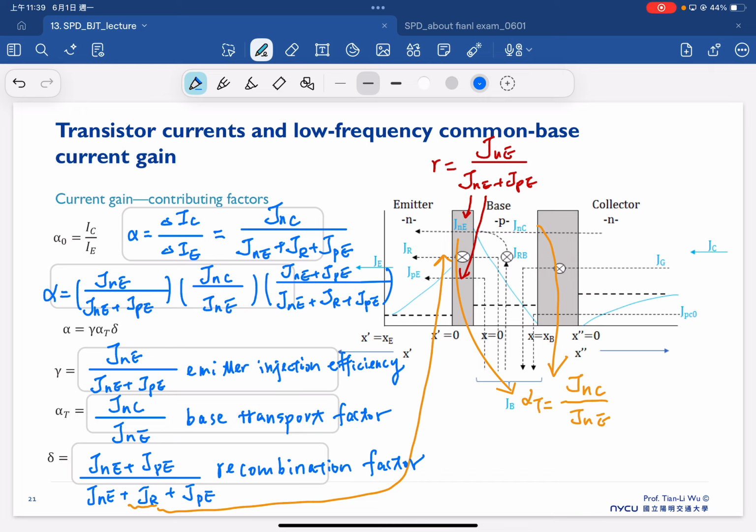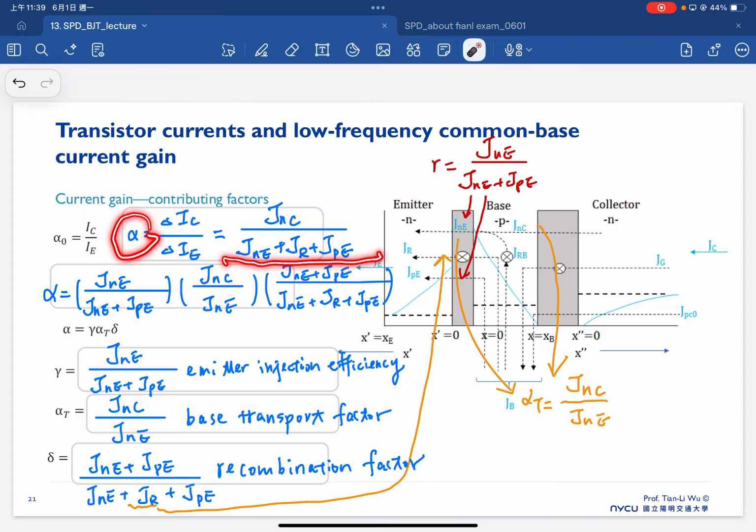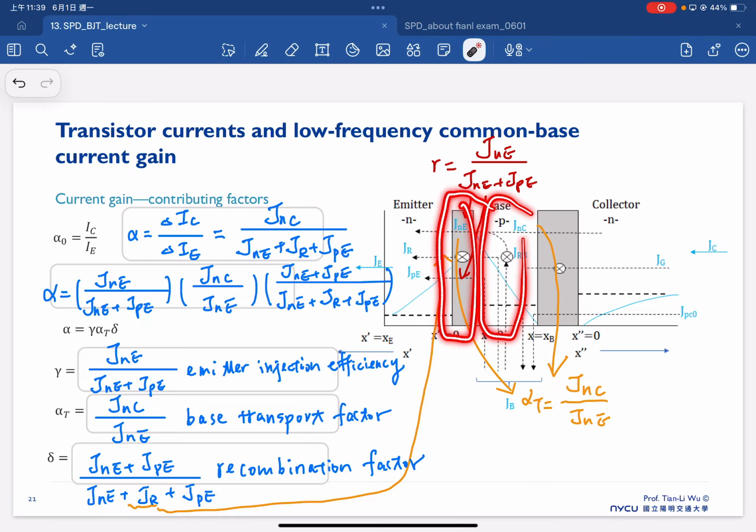The purpose of this contributing factor is to allow us, in the end, to analyze the current gain from the one general equation divided into 3 terms. This general equation doesn't give us very meaningful physics, because it is an overall result, but we are more interested in how each region might influence the current gain.